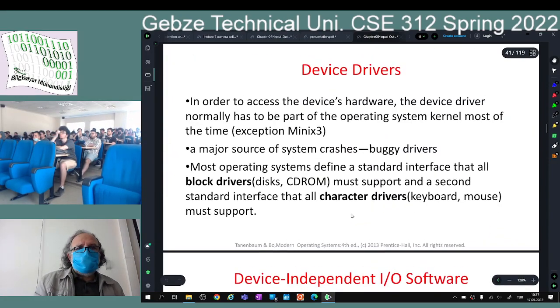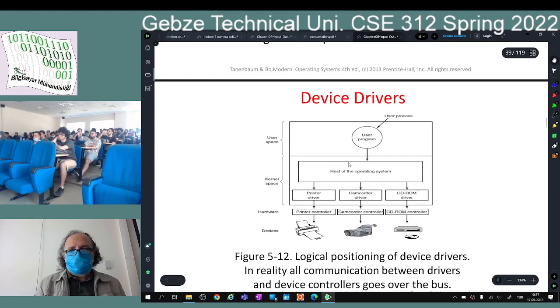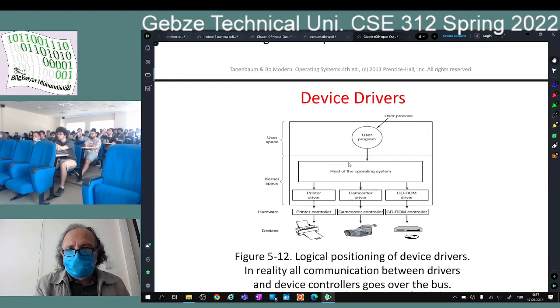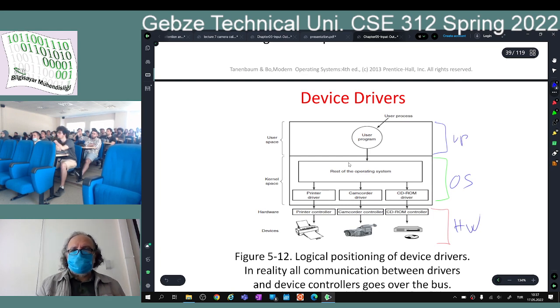Okay, so device drivers, as I said, are part of the operating system most of the time, not all the time. So this is my hardware part, and this is my software part, and this is my software part again, but this is operating system, this is hardware, these are the user programs.